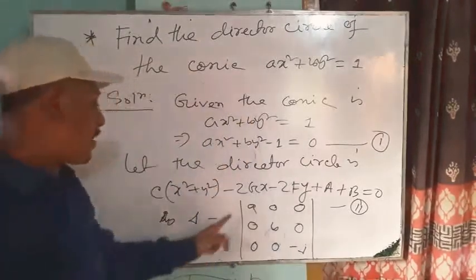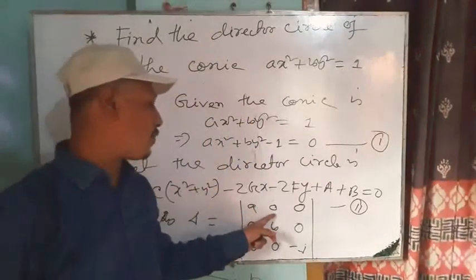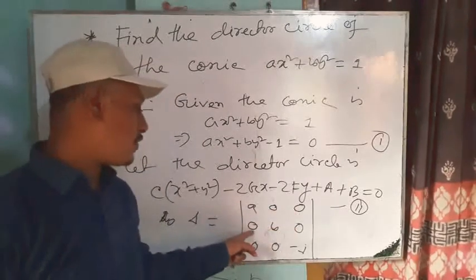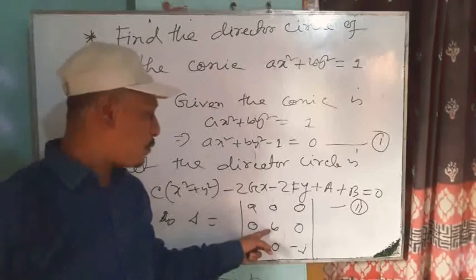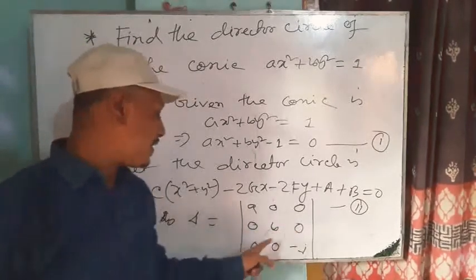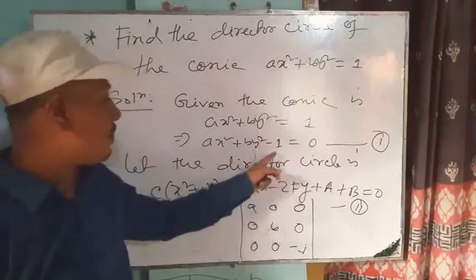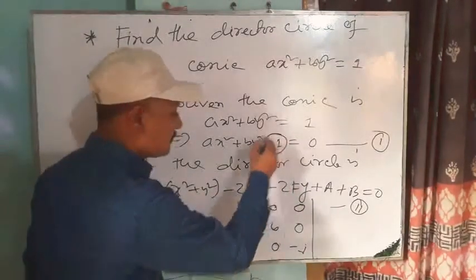Here h equal to 0, g equal to 0, f equal to 0, c equal to minus 1.